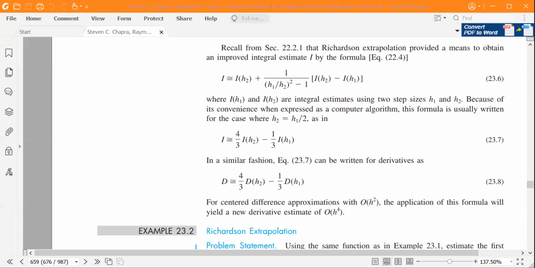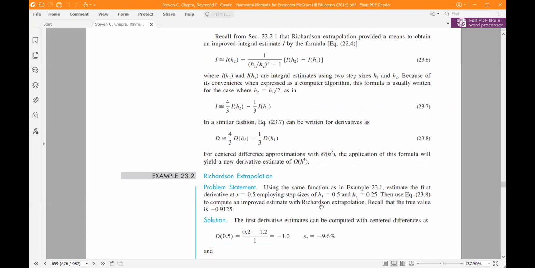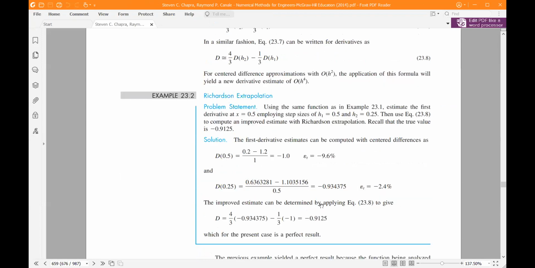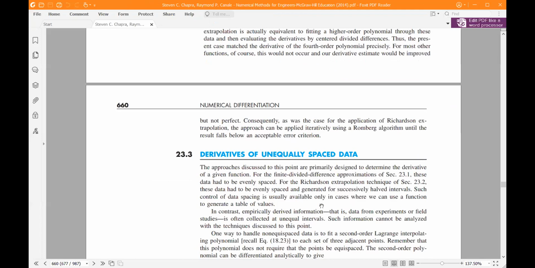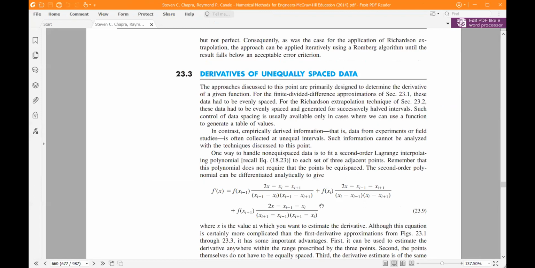Okay, derivative of unequally spaced data, it is article 23.3. Can you see this? Now your equation 23.9 is nothing but the first derivative of Lagrange's interpolation formula that we studied in chapter 18.